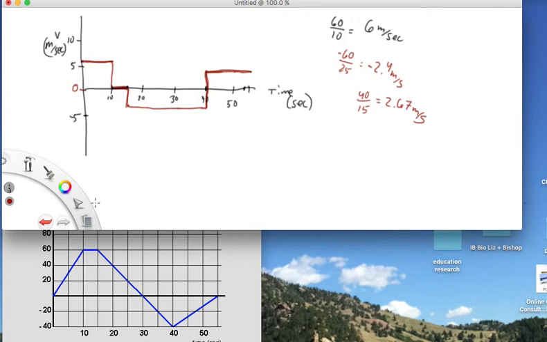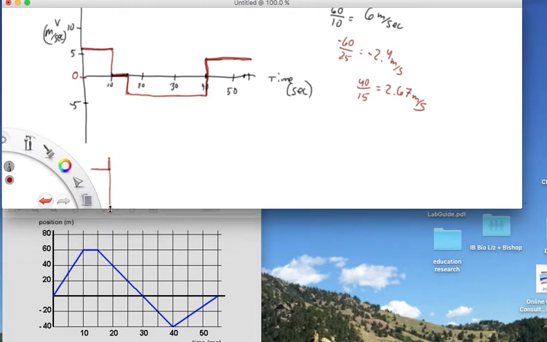So for an acceleration graph, if we were going to draw it from here, it would look like 0, 0, 0, and then a spike to, well, here it would go downwards, like to a negative infinity, I guess. And then it would go 0, 0, 0, and then another spike, and then 0s again, and then a positive spike, and then 0s. So this is a very odd graph to show you based on this graph right here.